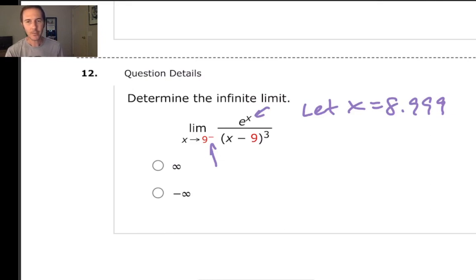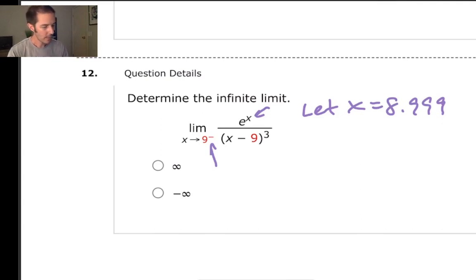You've got e, which is like 2.7, raised to the power of almost 9. I don't know, 2.7 to the 9th power. Type that into your calculator, see what you get. Use e, punch it into the calculator, see what you get. I don't even really care about it. It's going to be bigger than 1,000, or roughly 1,000.